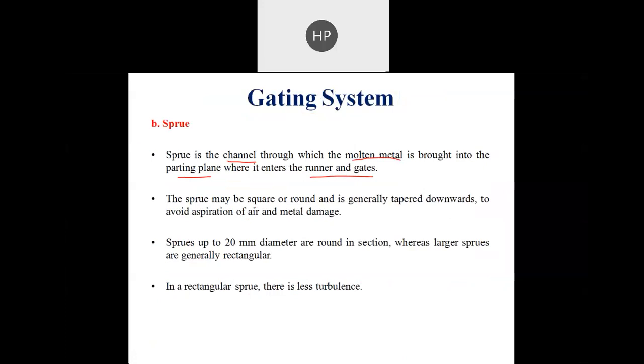The sprue may be square or round and is generally tapered downward to avoid aspiration of air and metal damage. This is a very important point. The sprue has a tapered downward shape.